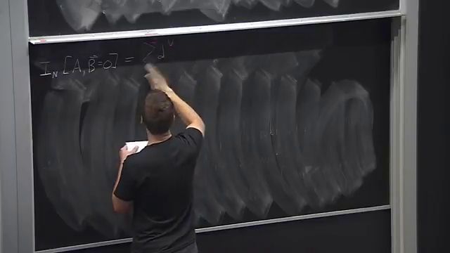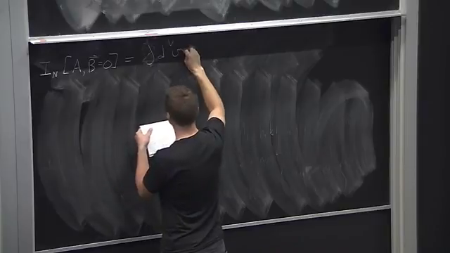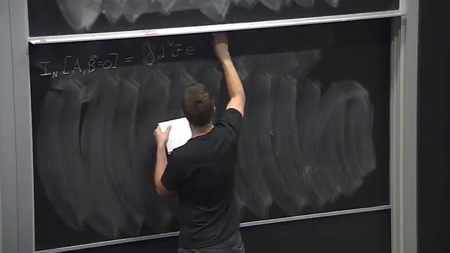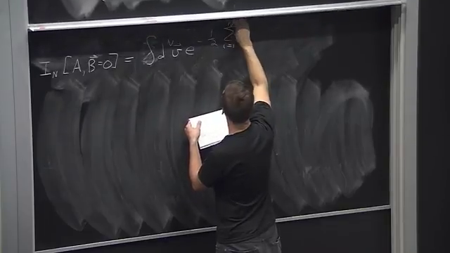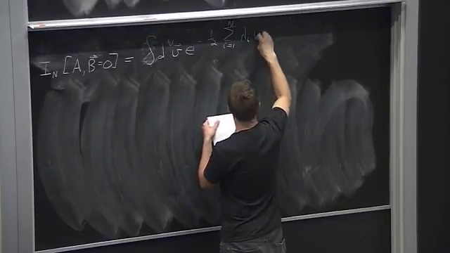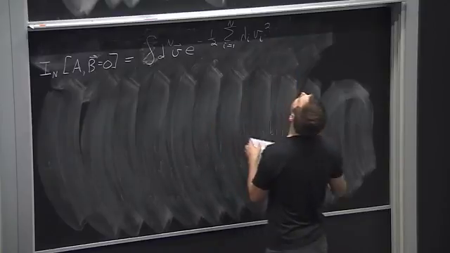Oh, that's an integral. Integral over v's of 1/2 sum from i equals 1 to n of lambda_i v_i squared.